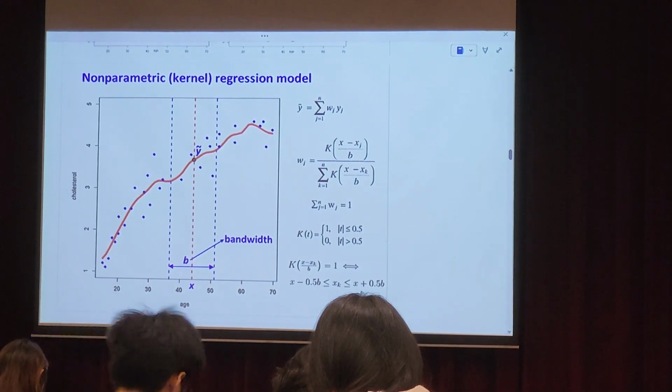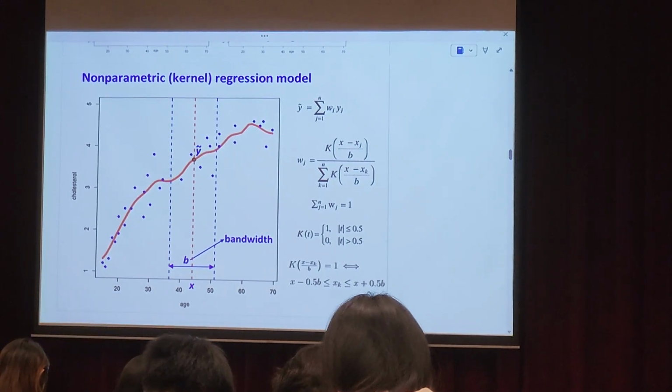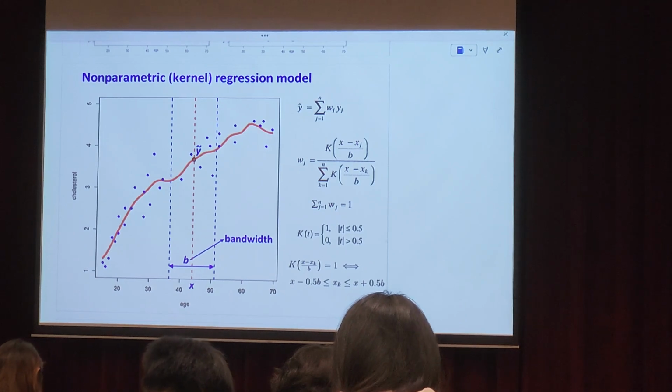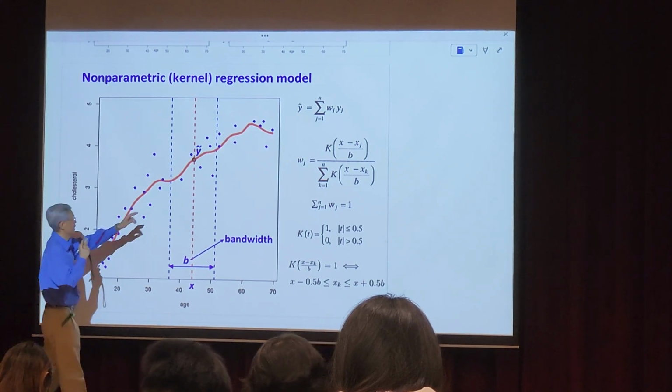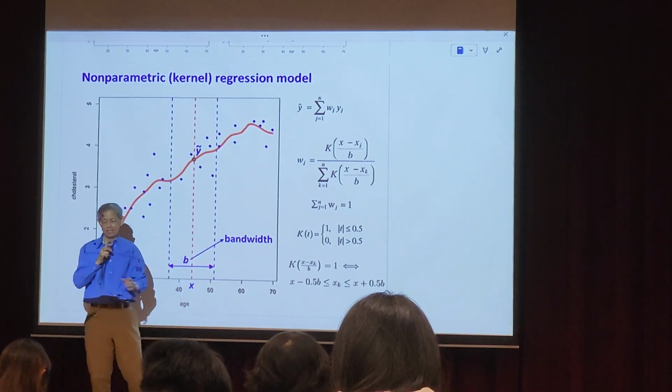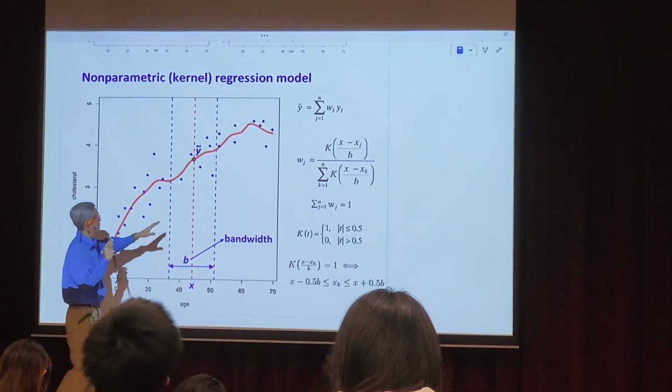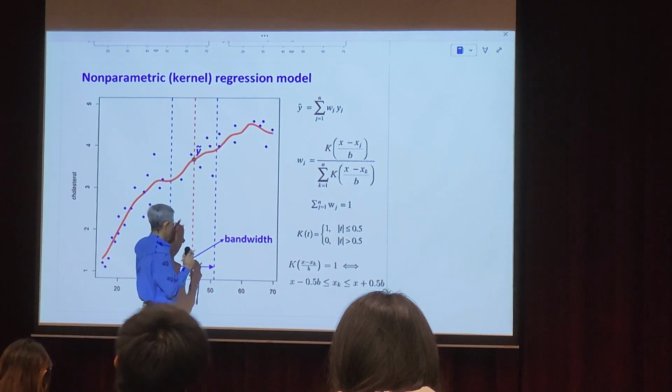So now I'm going into the details of non-parametric regression, the mathematics of it. I have already described to you how I got this point. This point is based on the average of all the Y values within this band.